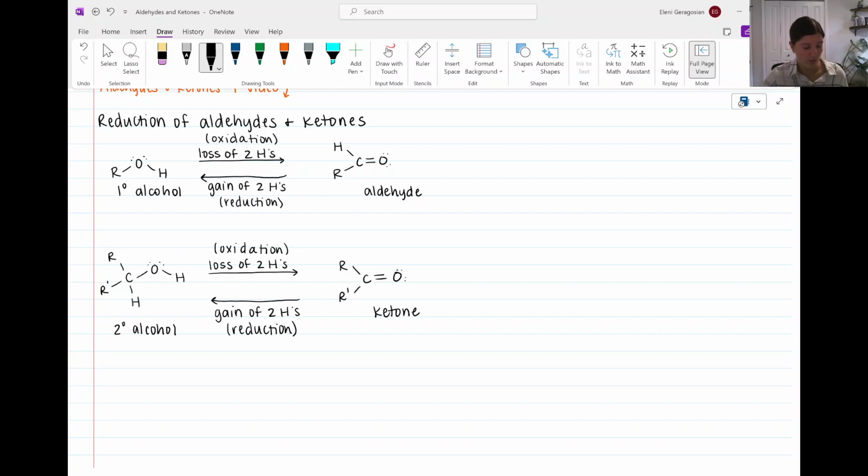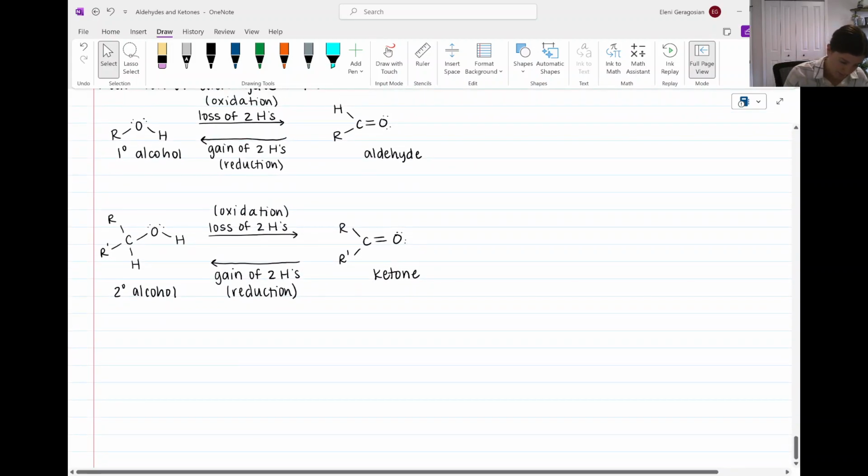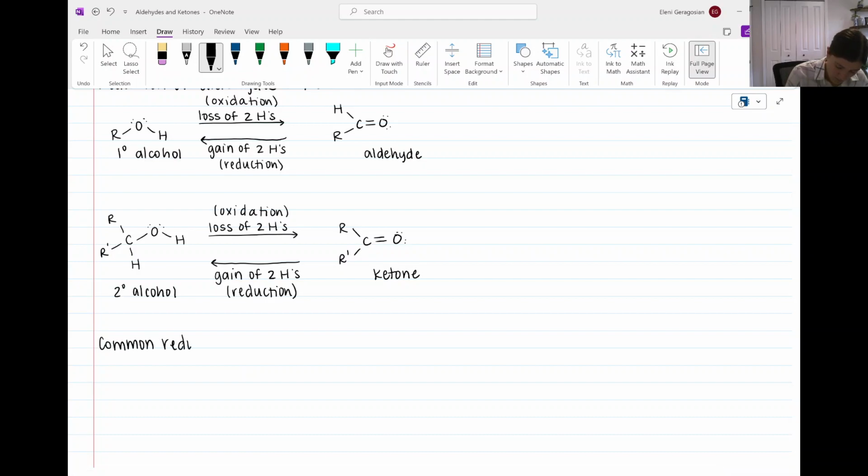There are two common reducing agents that we'll cover. Both of these common reducing agents must be sources of hydrogens.